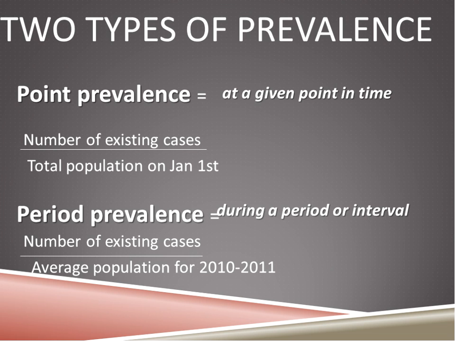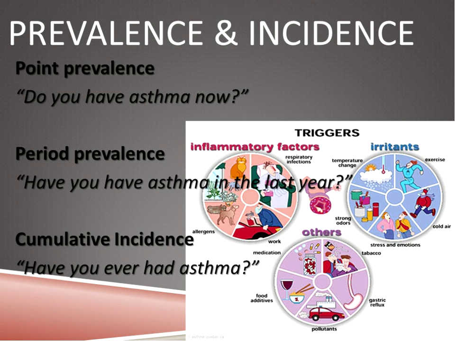There are two types of prevalence. There's point prevalence, that's at a specific point in time, and there's period prevalence, the prevalence of a disease, disorder, or event over a range of times. So a point in time versus a range of times. Point prevalence: do you have asthma now?